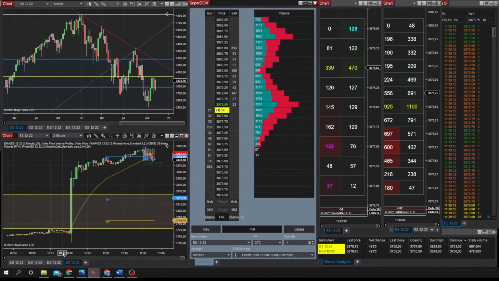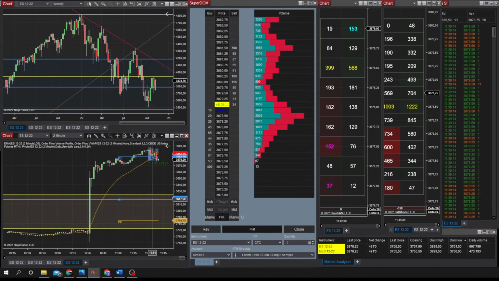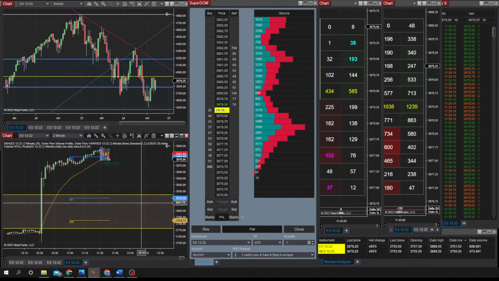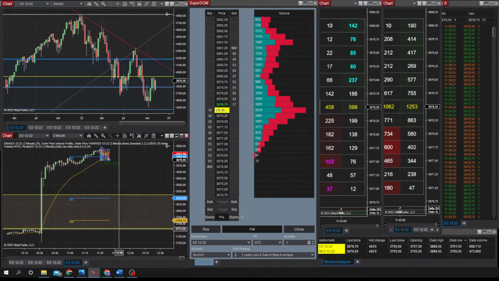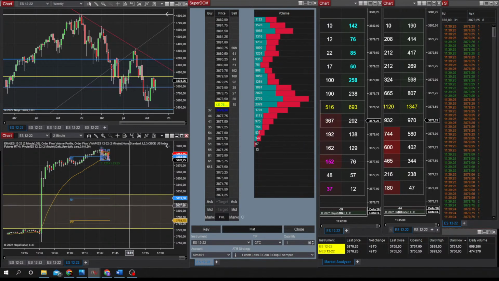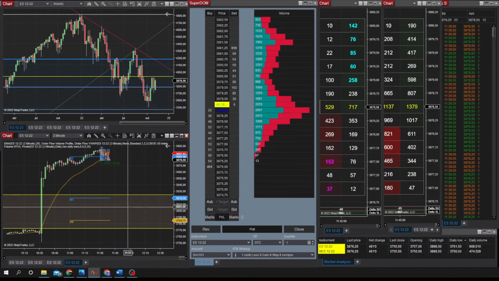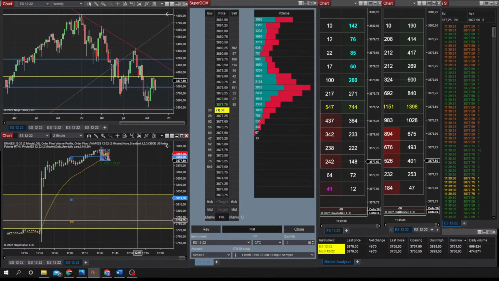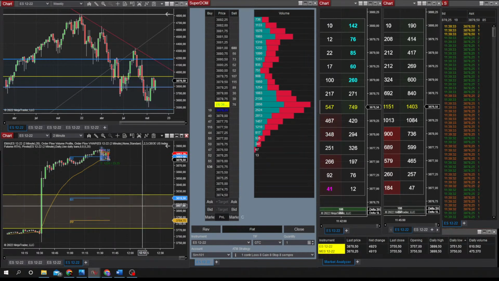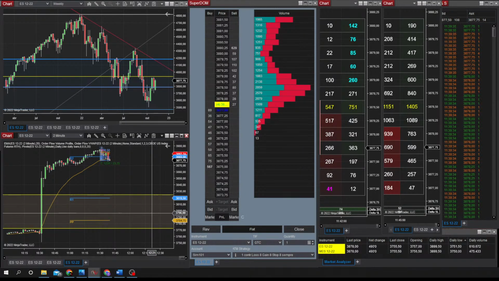We see that we are far from the value area. This yellow rectangle here is the value area. Again, if you see my videos, you know that I like to trade it. It shows that yesterday's interest was around here.